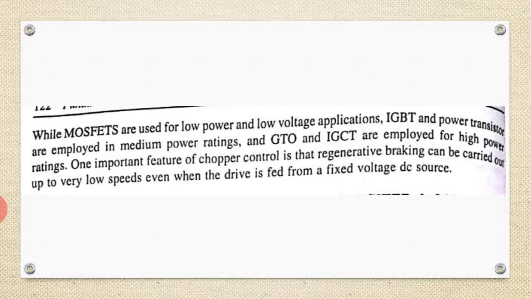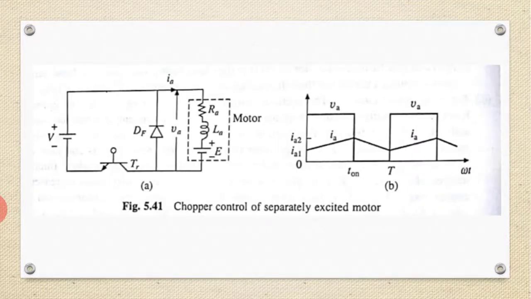So for chopper control of a separately excited motor, this circuit is shown. Here we have the transistor TR and the diode DR, the supply voltage V, the motor armature resistance RA, LA and E, which indicates the motor. This is a transistor chopper controlled separately excited motor drive.